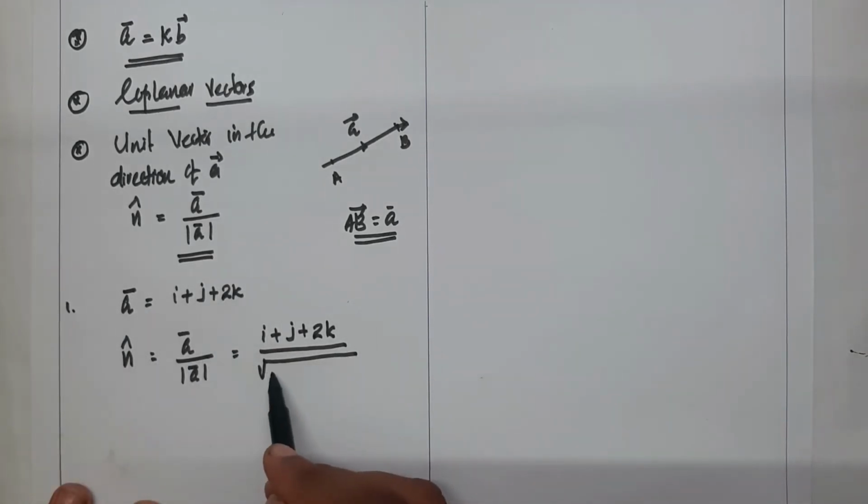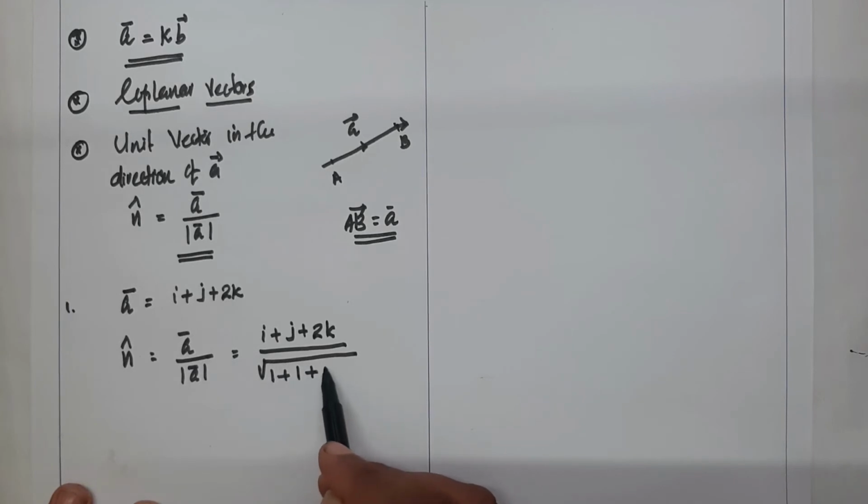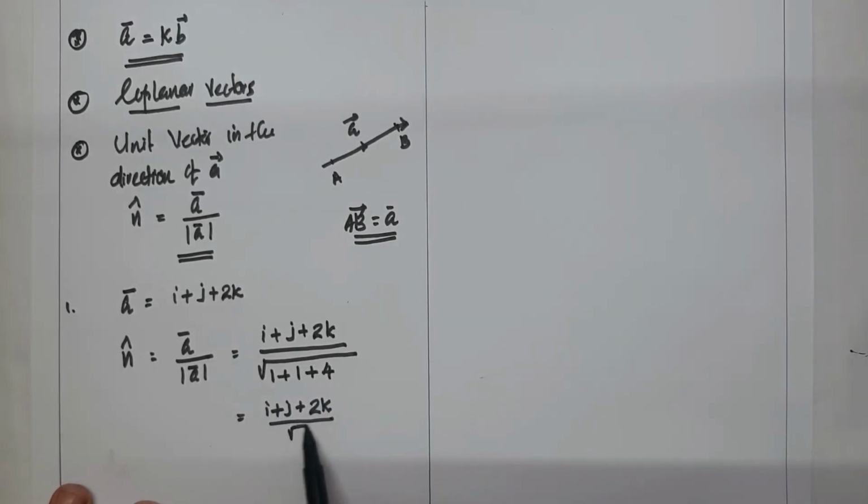Here the i coefficient is 1 square plus j coefficient is 1 square plus k coefficient is 2 square. That equals i plus j plus 2k divided by root 6, which is i by root 6 plus j by root 6 plus 2k divided by root 6.